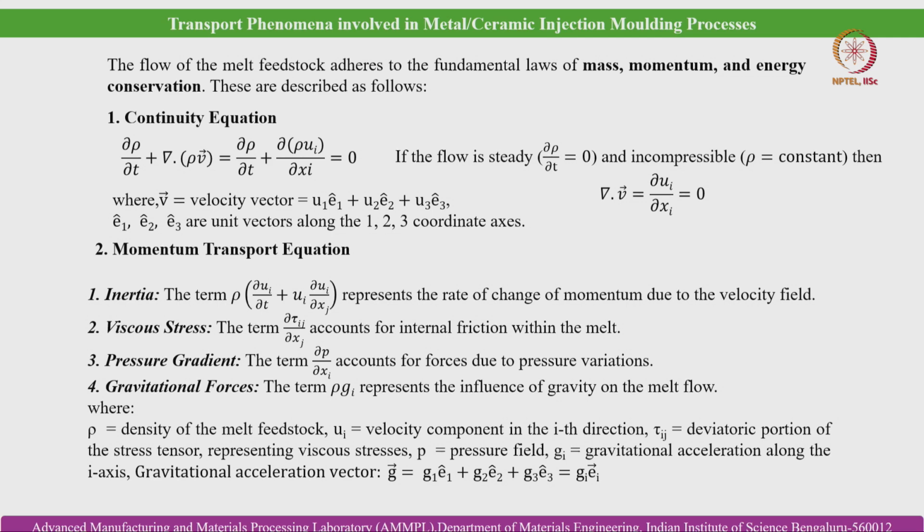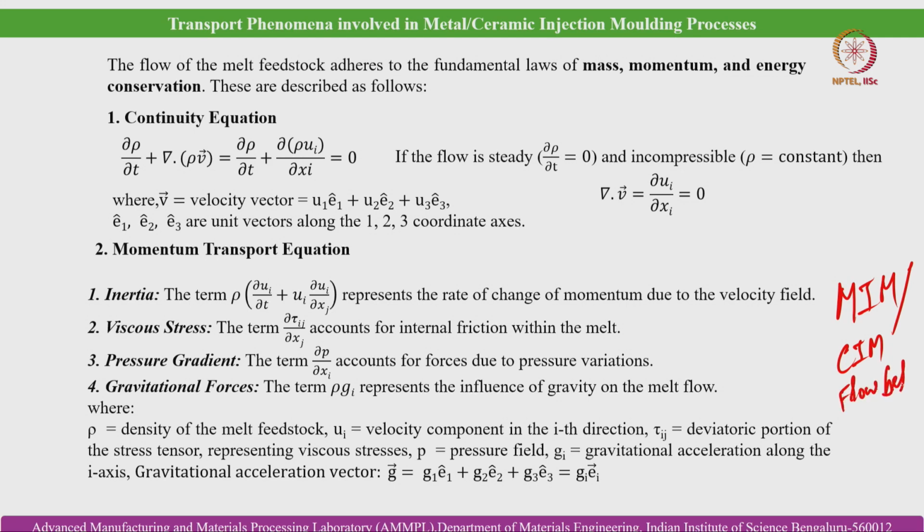To give you a brief overview, in case of MIM, that is metal injection molding, or in case of CIM, that is ceramic injection molding, we analyze the flow behavior of the feedstock.